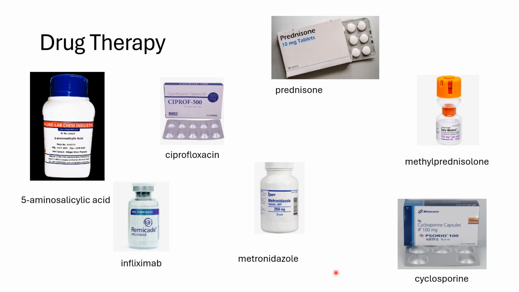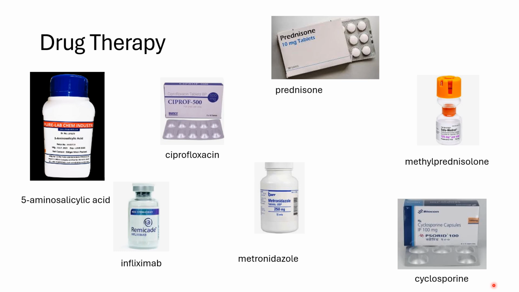And if the patient has the severe form of ulcerative colitis, methylprednisolone could be a good choice. We can give it to the patient in the IV form, and then we can move to other medications, such as anti-TNF agent medications.